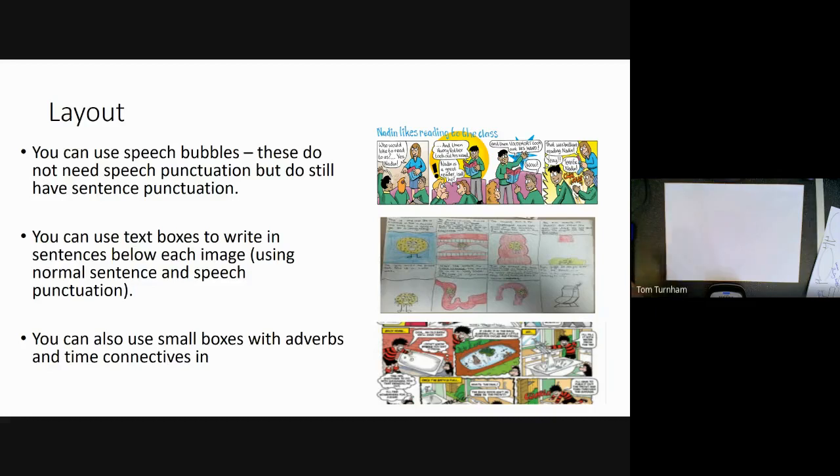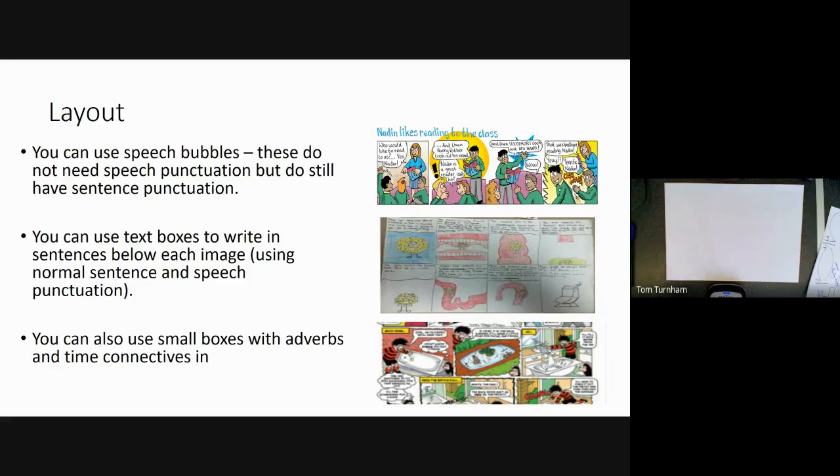So suddenly, on the other side of town, a few moments later. And it just saves you having to write an entire sentence. So you can create a bit of atmosphere. You can show the movement of time without having to write long sentences. So you might want to use a combination of small boxes with adverbs or time connectives in, as well as either speech bubbles or text boxes.